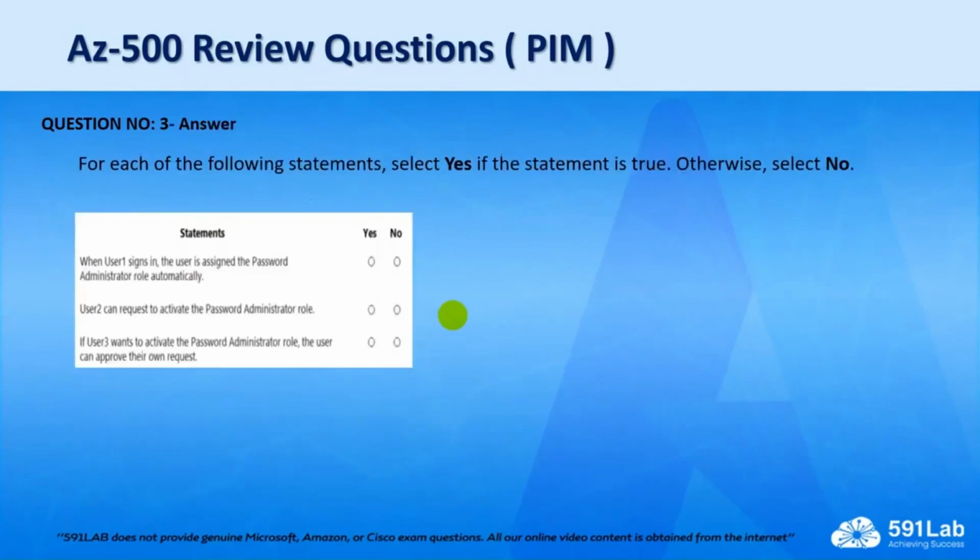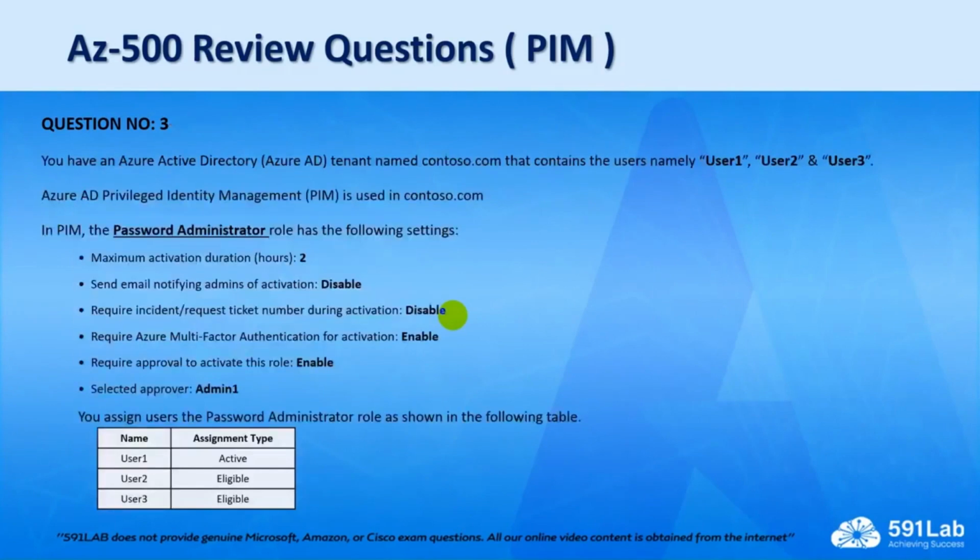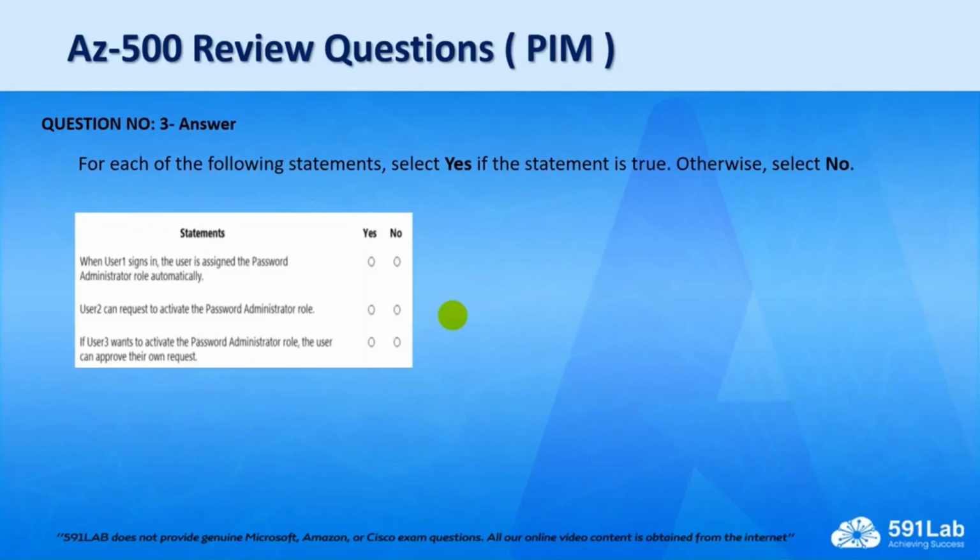So when user 3 is going to activate the password administrator role, can this be approved on their own? No, because it has to first be approved by admin 1. So the option for this statement is also no. Let's look at the answers.